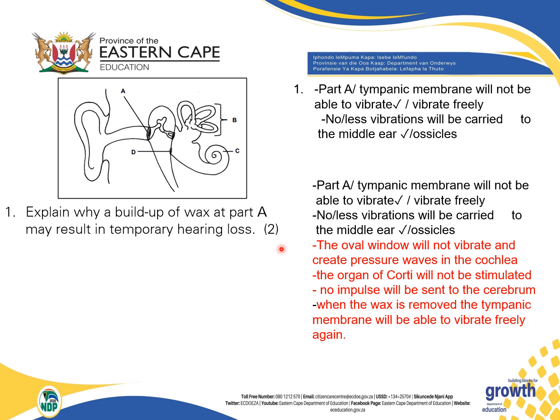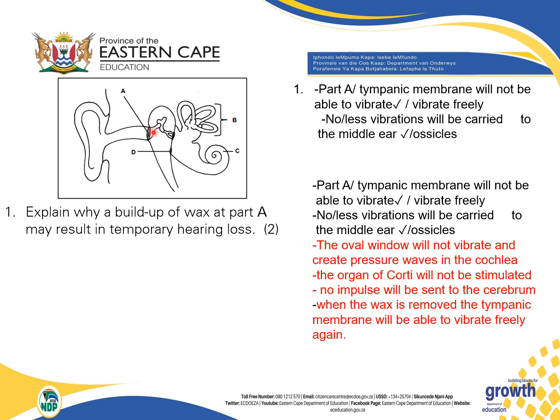The oval window will not vibrate and create pressure waves in the cochlea. The organ of Corti will not be stimulated, and no impulse will be sent to the cerebrum. When the wax is removed, the tympanic membrane will then be able to vibrate freely again, and hearing will be restored.